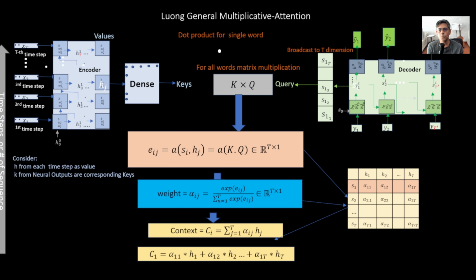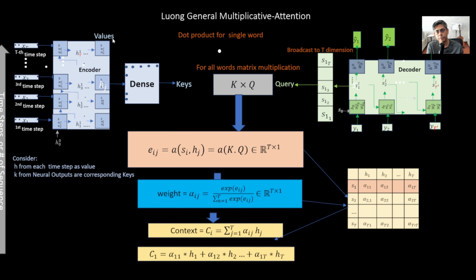Now let's go to one more variety of the multiplicative attention. Earlier we said that keys are equal to values, but Luong also proposed another variant where the keys are learned through a dense layer. So value is not equal to key here. That's the only change he has proposed. Rest of the stuff remains the same.